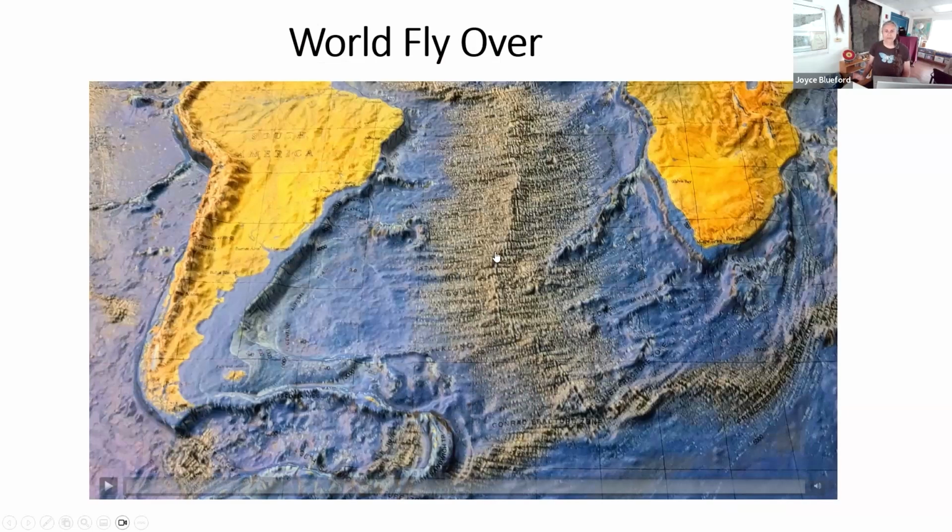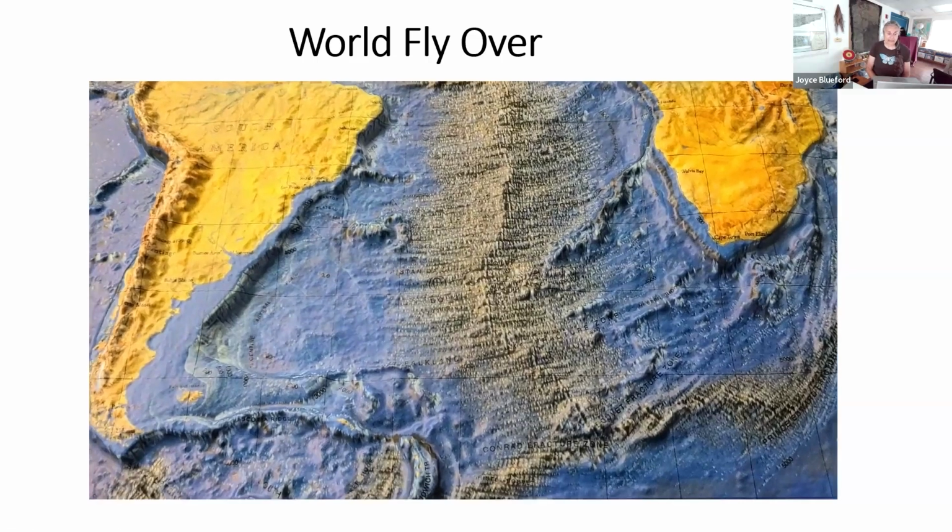These are mountains underneath the water. We don't see them, but a lot of people think that the ocean is just a bowl, but it's not. It's super interesting. And this is as we began to realize what was going on. That's how we evolved the theory of plate tectonics, which is now fact.